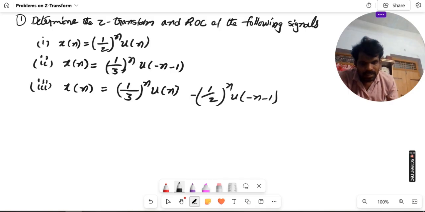Okay, for these three bits we are going to find out the Z transform and its ROC.